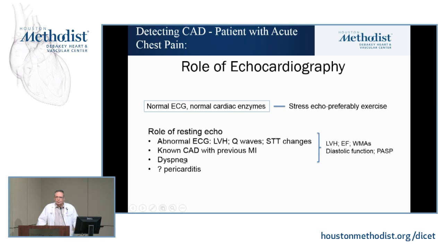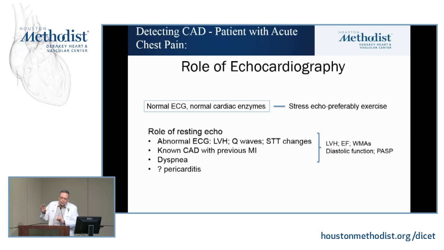They have dyspnea, it's obvious. If they have already known CAD with previous MIs, likewise, you may want to use the echo to assess these findings. And if it smells like pericarditis, no question about it, that a resting echo would be very appropriate.